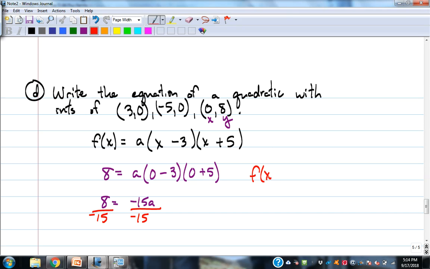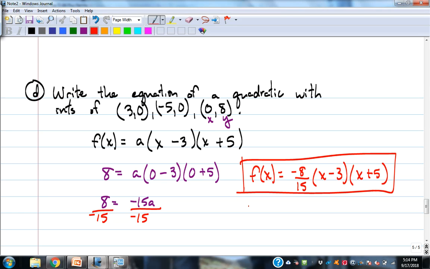Our final function in intercept form is negative 8 over 15, parentheses, X minus 3, X plus 5. Could I get that in standard form? How do I get that in standard form? Multiply it out.